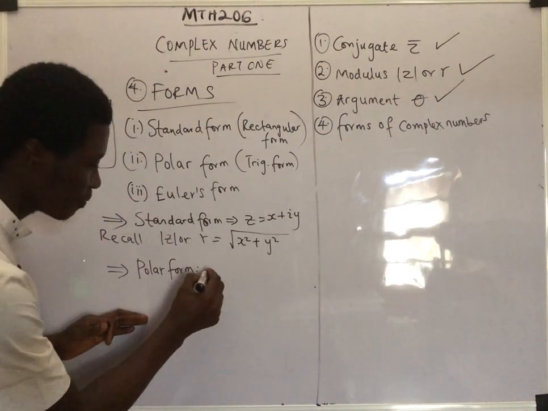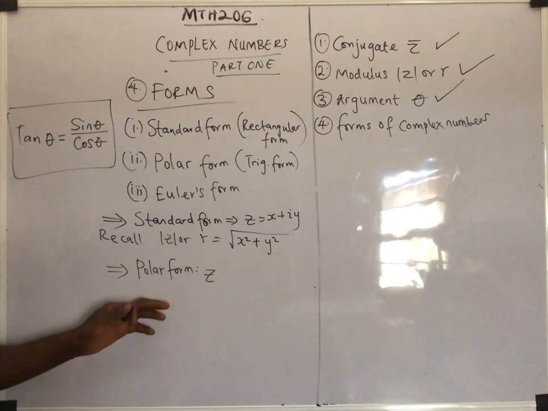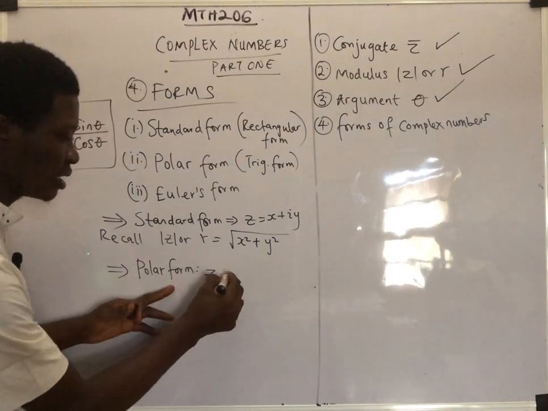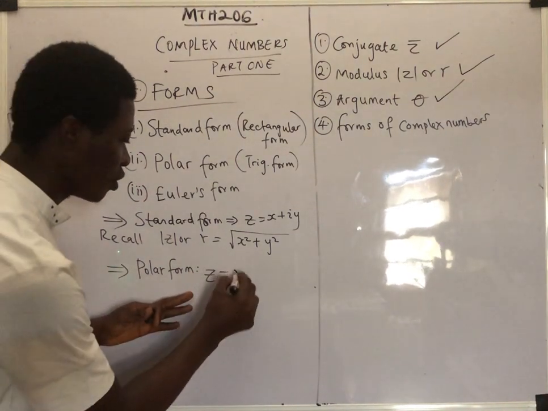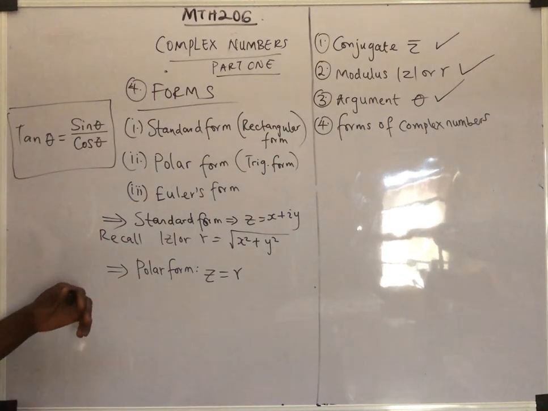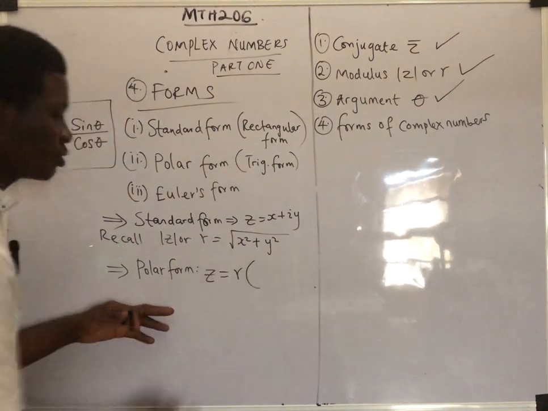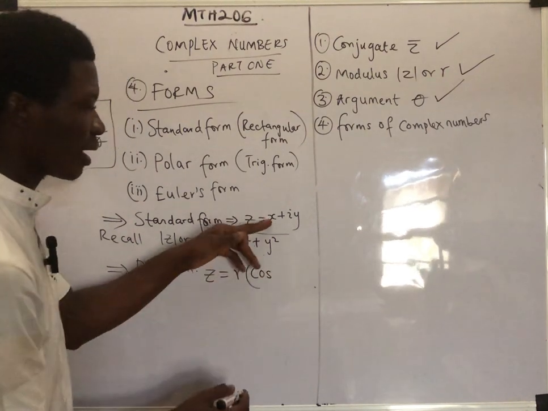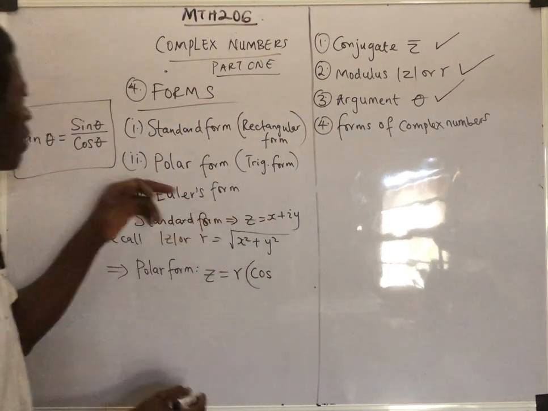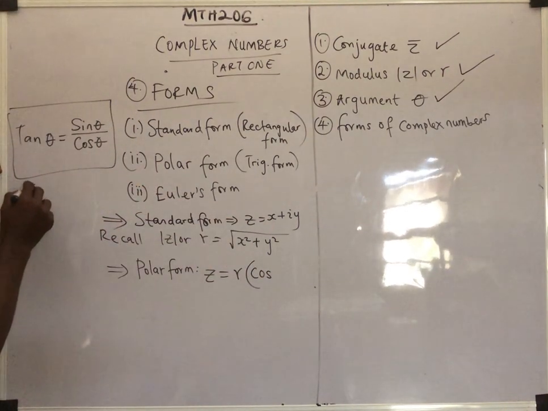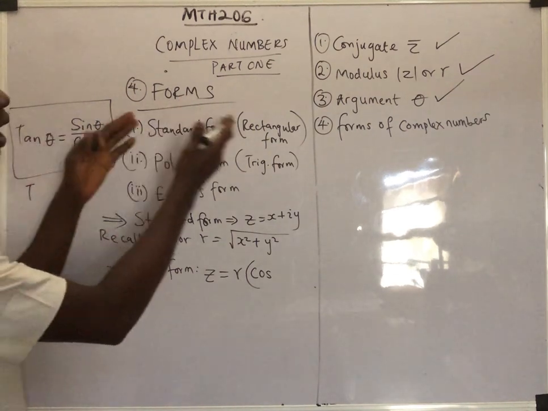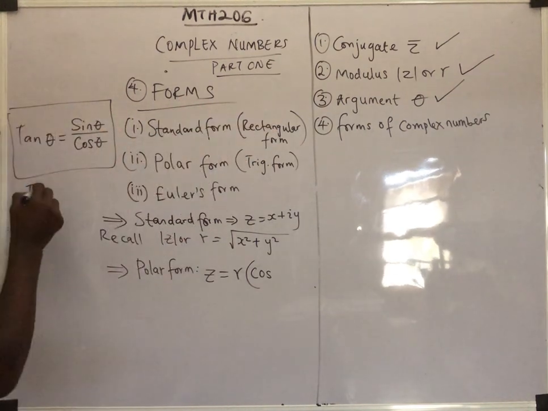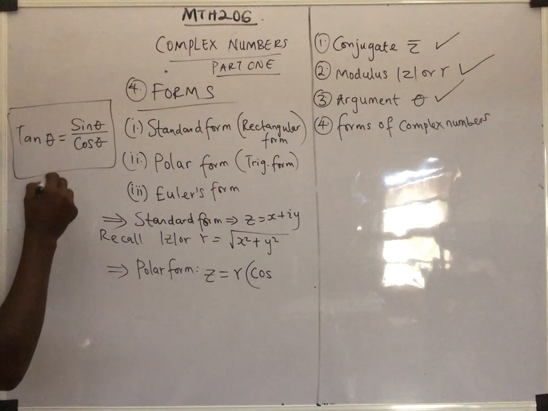So in this case, z is going to be, first of all, your modulus. Then, if you remember, when we were looking for our argument, we did the tan inverse.